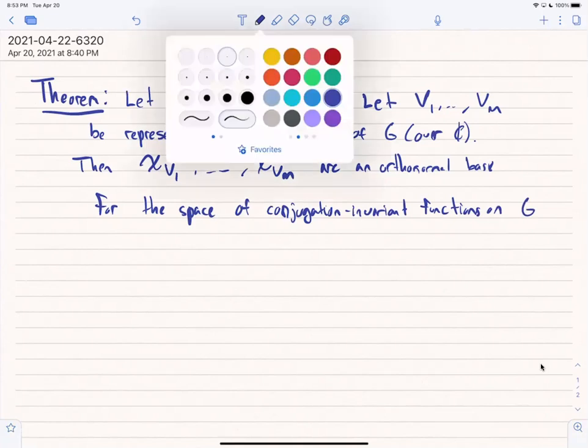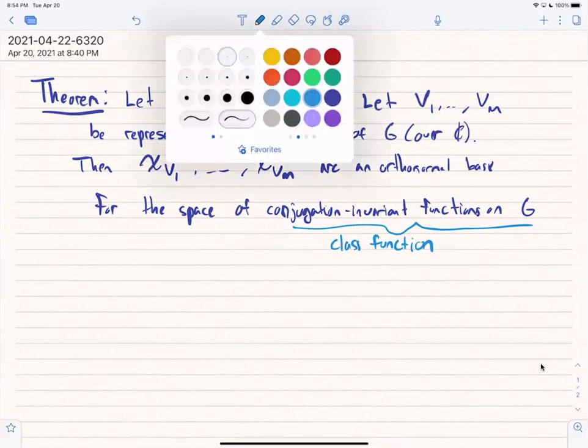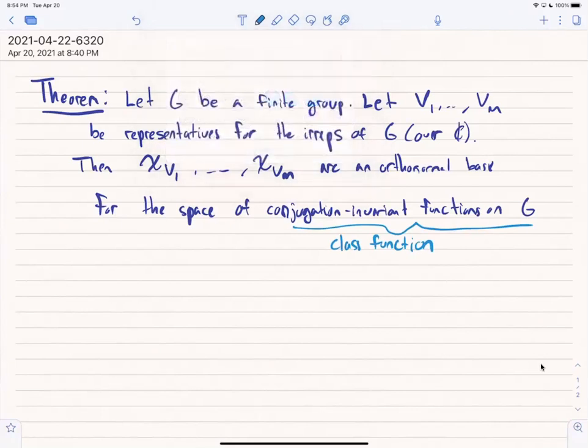Let me just mark, we often call these class functions, or you could think of them as functions on the set of conjugacy classes in G. But here it'll be more convenient to think of them as a function defined on all of G, but constant on each conjugacy class.